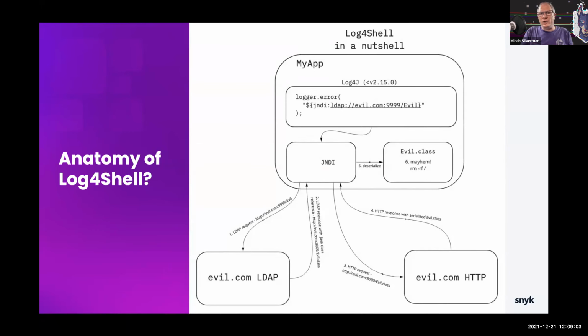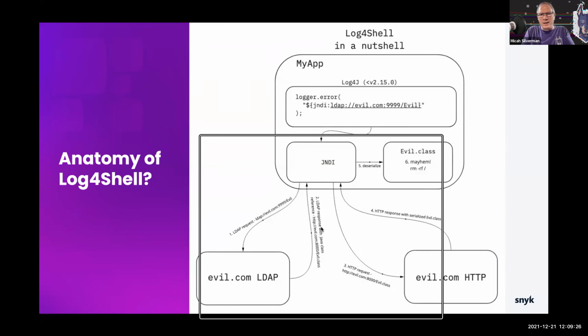And in the case of Java, you can have some specially constructed LDAP responses that trigger an additional request for a remote Java object. So through the stack where you have JNDI making a request for a remote Java object and then deserializing it, you end up with Log4Shell.